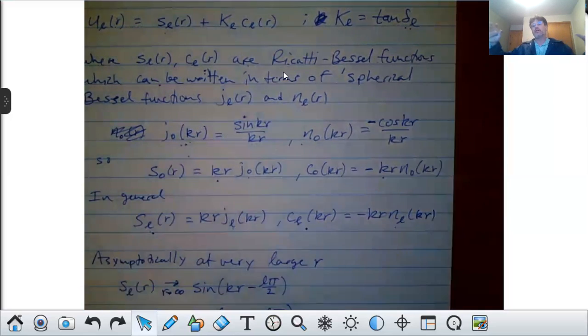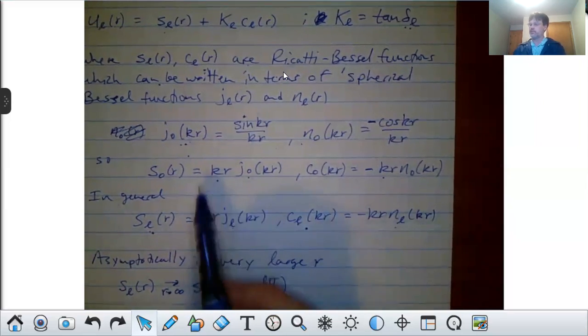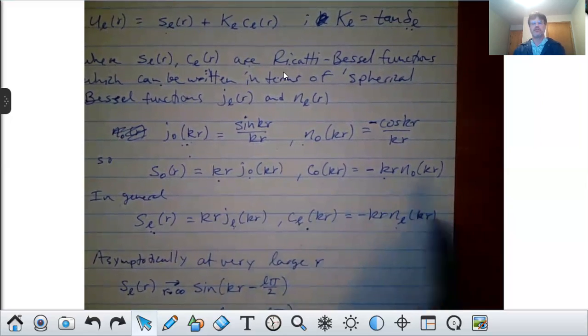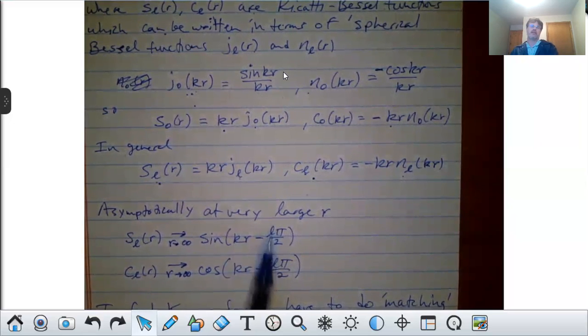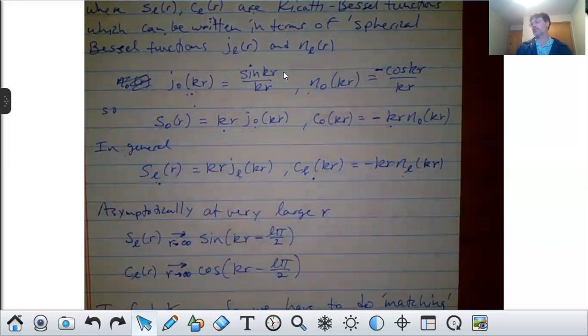Now, if you go to really, really large r, eventually that potential is just 0, and you can make an asymptotic expansion of these functions. What you find is that the Riccati-Bessel function S_L becomes a sine function. It's kind of like you're almost in the case where the L term is very tiny, because r is very big.